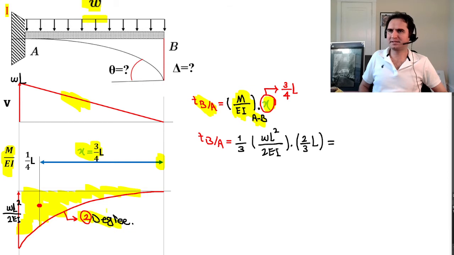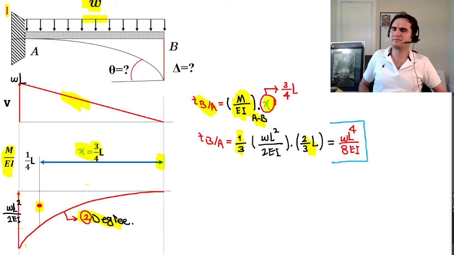So if that's second degree, the area under that is 1/3 of WL squared over 2EI times 3/4 of L, let me modify this, that's 3/4. So the 3 cancels out with the 3 in the denominator, and 4 times 2 goes by 8.